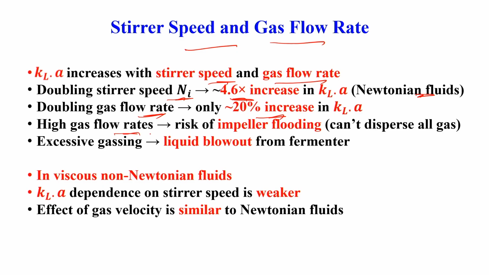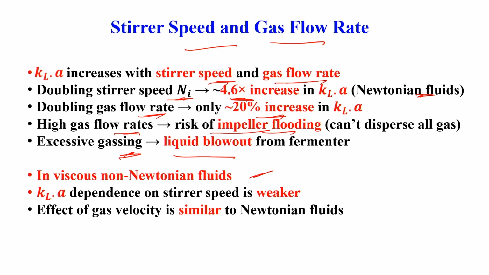Further, at a high gas flow rate there is a risk of impeller flooding, as I discussed in the last lecture, and excessive gassing can also cause liquid blowout from the bioreactor.